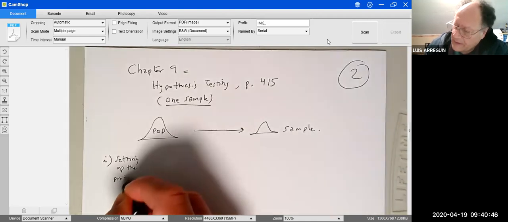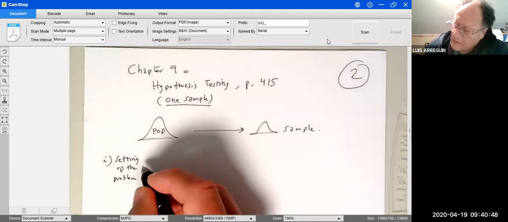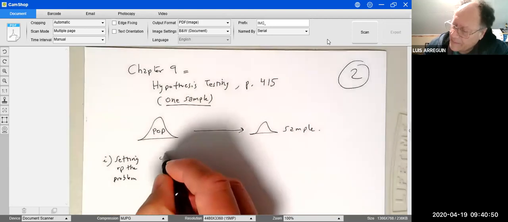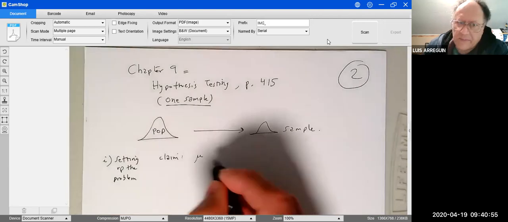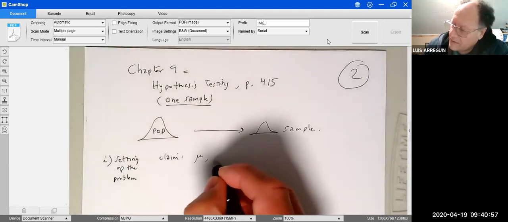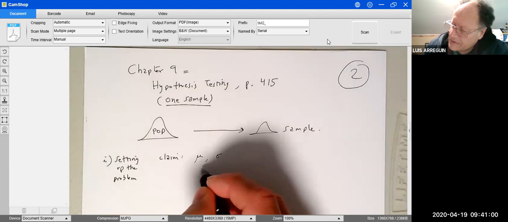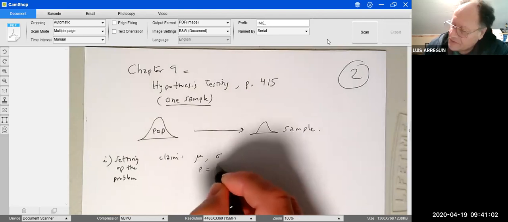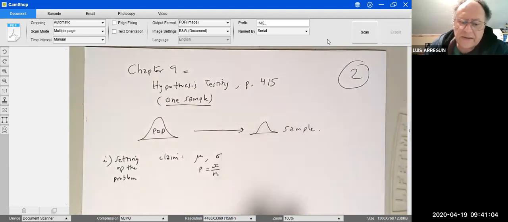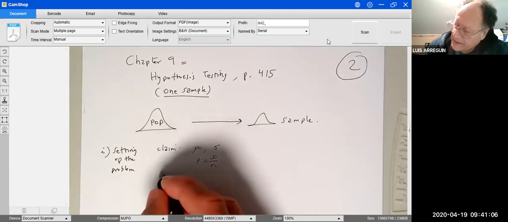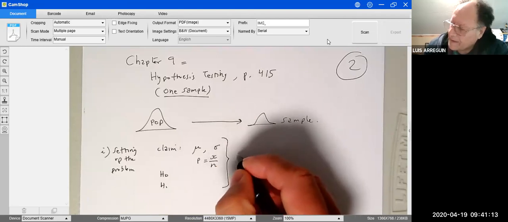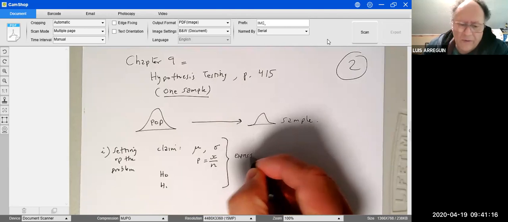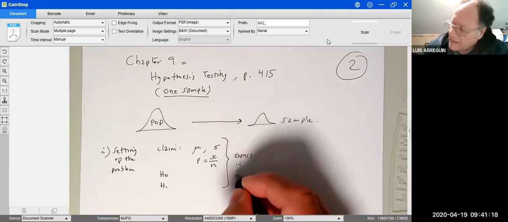So we're going to write the claim. We're going to write the claims about the mean or the standard deviation or the proportion. Remember, proportion is just successes over a number of trials. And then we're going to write the null and the alternative hypothesis, and everything is going to be written in a symbolic way.